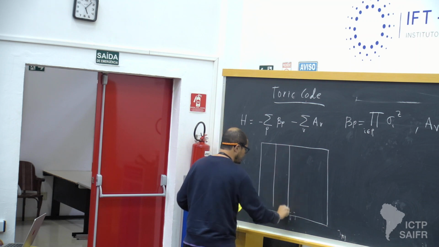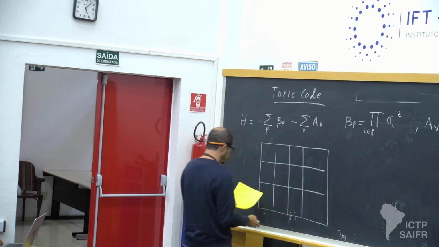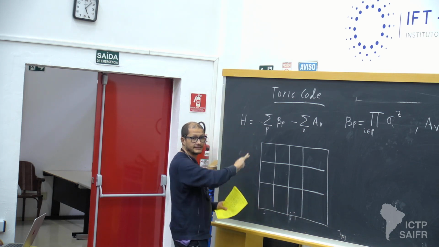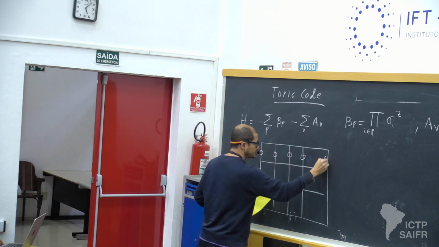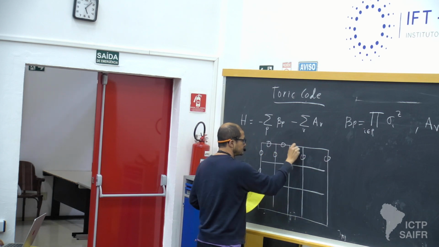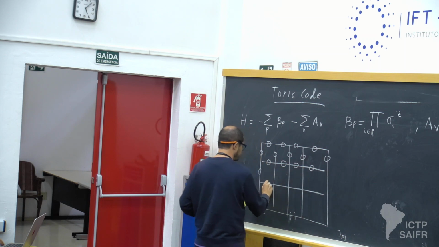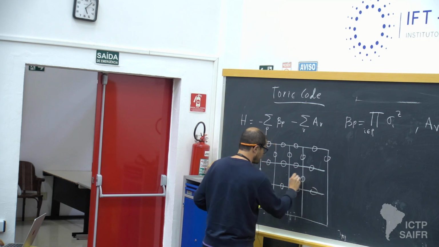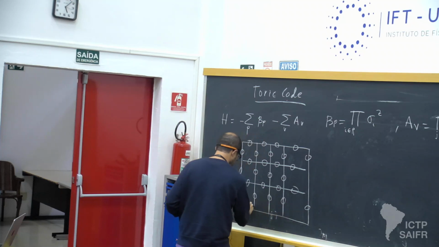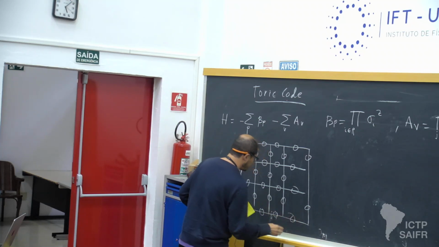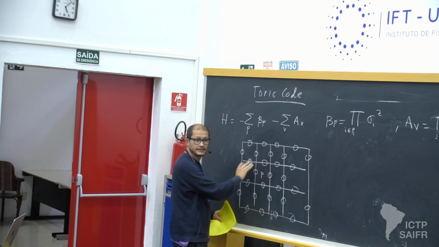So we have the usual square lattice, and the spins live on the edges of the lattice. What I call a plaquette is this group of spins.